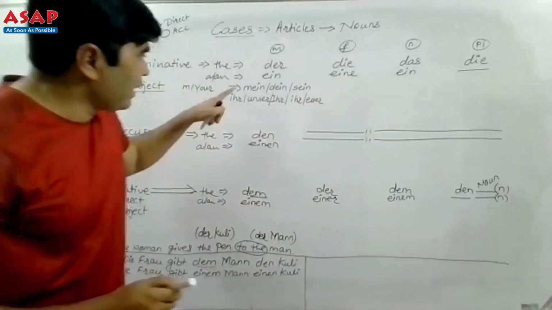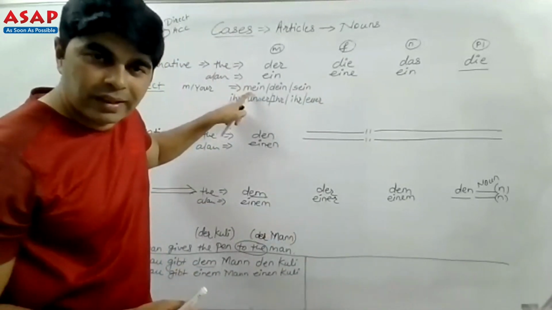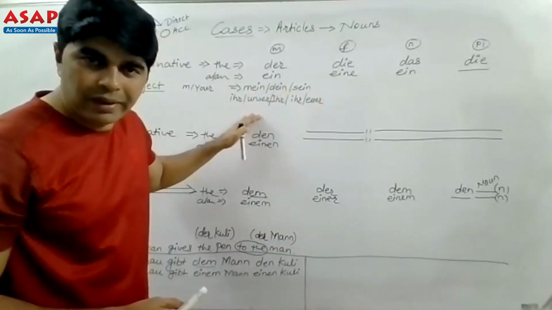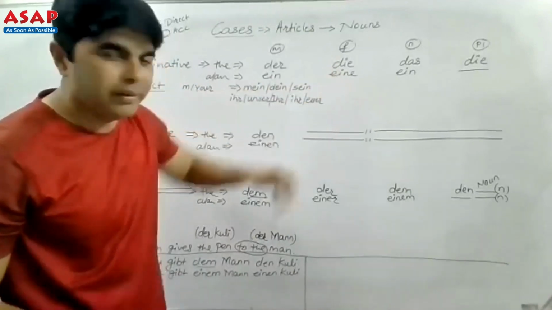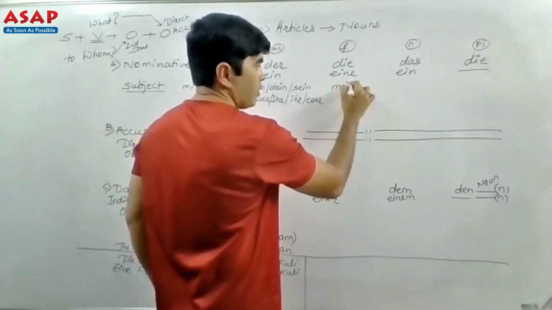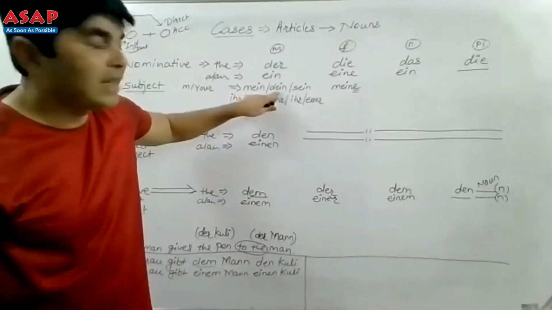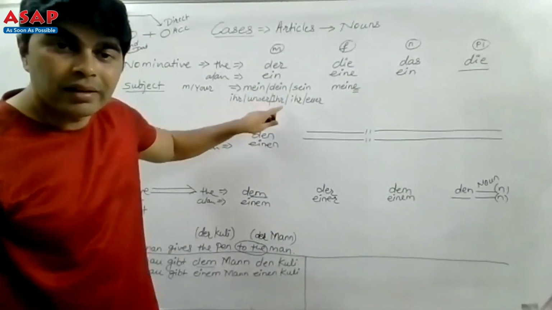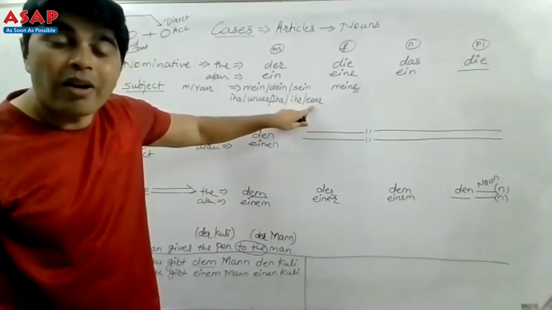Now, even if I write one, henceforth I will consider only the first possessive pronoun, but the same changes happen with every other possessive pronoun. So now in feminine nominative, how will you use that possessive pronoun? Meine. If it is my, if it is your, deine, seine, ihre, unsere, ihre, and again ihre, and euer, eure.